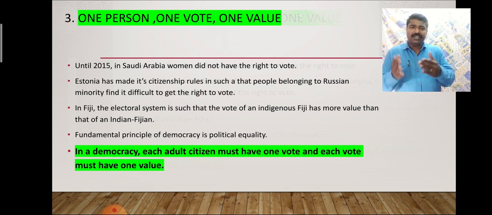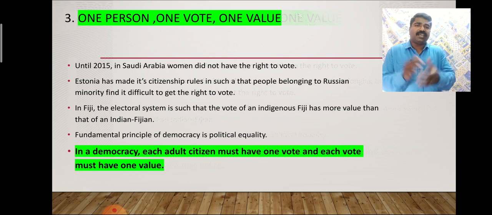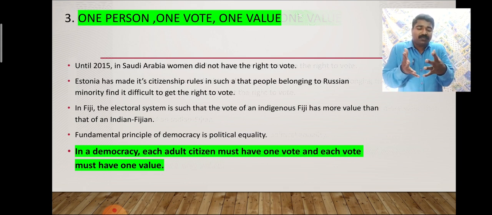Estonia is very near to Russia. There are Russians there, but they are a very small group. But they are denied citizenship. You got it. The same country, denial of the rights of a citizen.